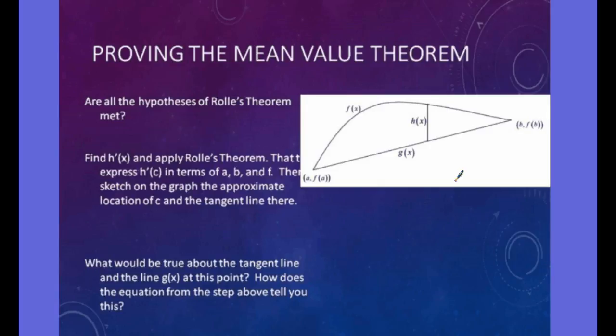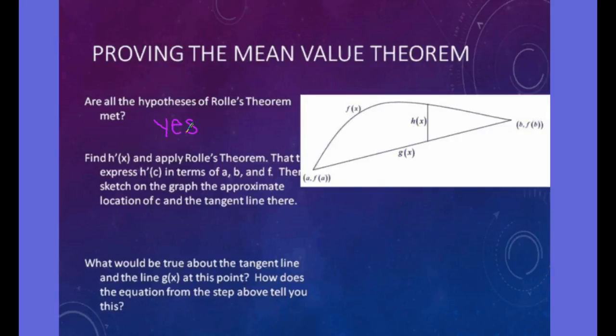So Rolle's hypotheses are met, even to the point that my endpoints had to equal each other, and they both equal 0. Yes, they are, because the hypotheses are about the function h, not f or g. We're talking about h.